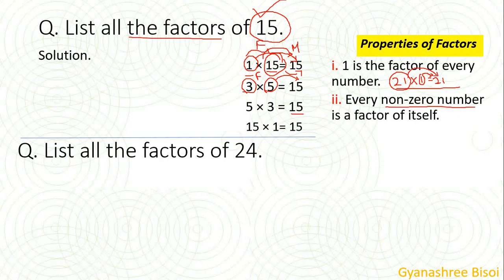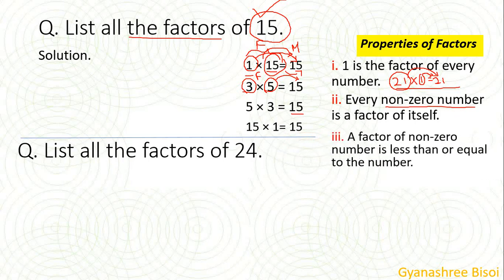So, we have learned that 1 is a factor of every number and the number is also a factor of itself. Next, a factor of a non-zero number is less than or equal to the number.